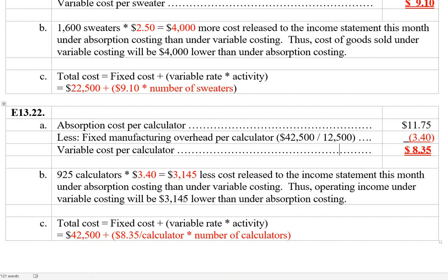And that's why they want you as an MBA student to be aware that there are some fixed costs that float around in these per unit amounts, and that this chapter is really all about isolating cost for identification and differentiation.